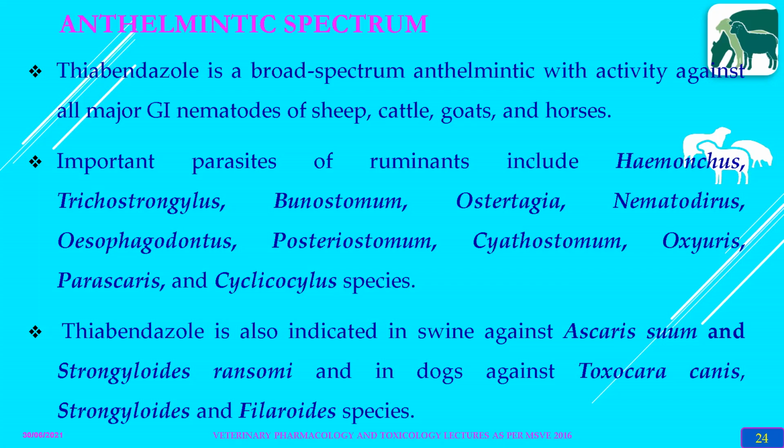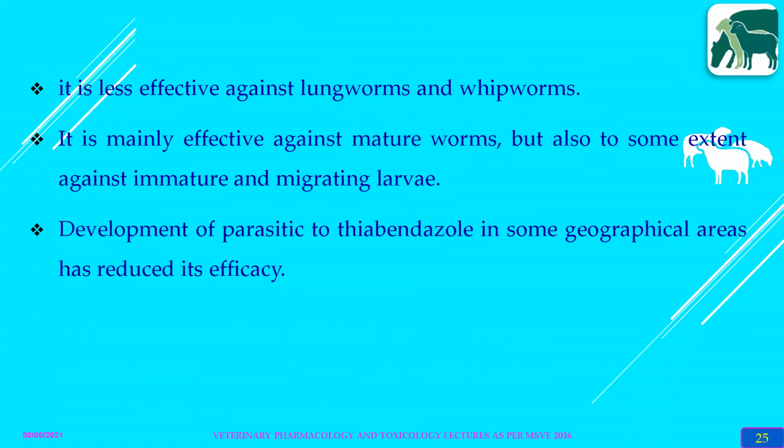So that means it has a very wide or broad spectrum, whereas it is less effective against the lungworms and whipworm. The reason being, it is not absorbed properly into the circulation, and the concentration present in the blood is not effective against the internal parasites, especially other than the intestine.